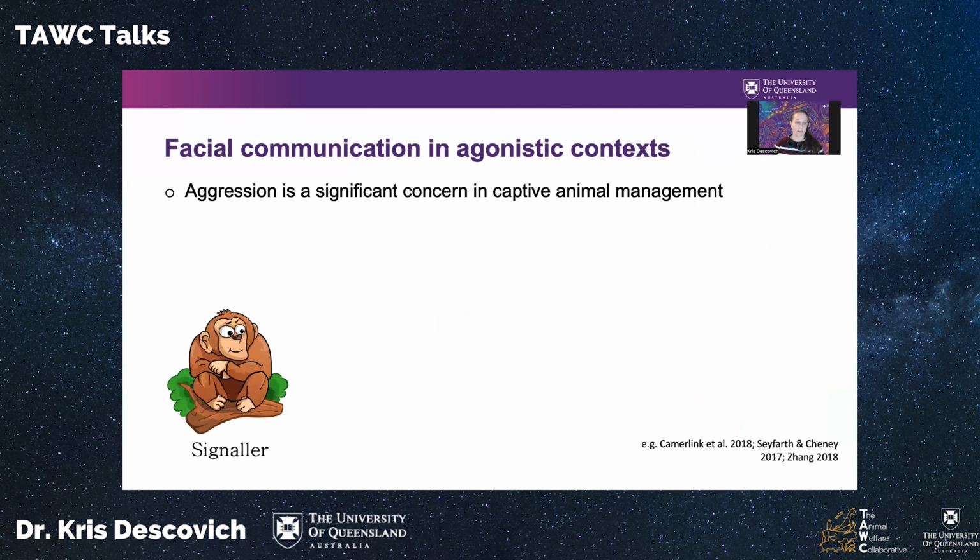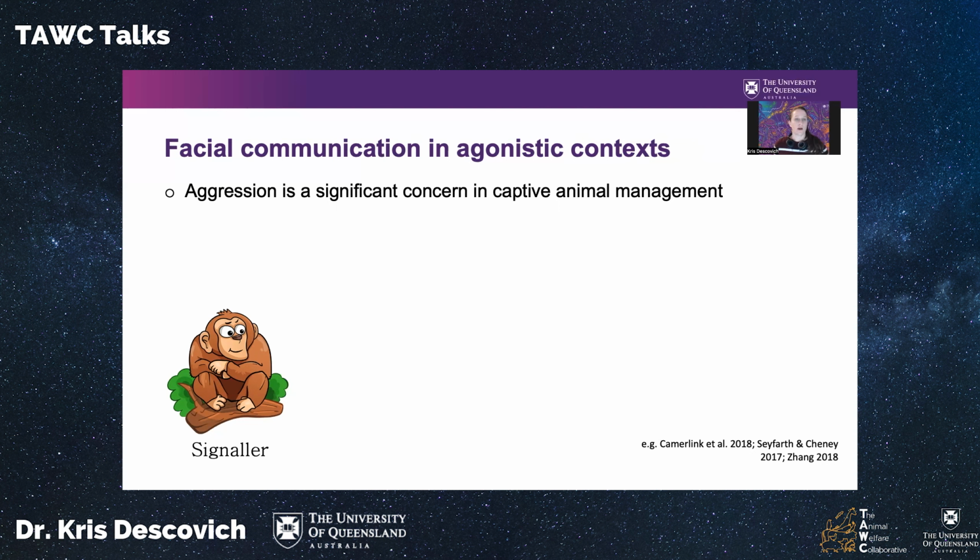They can do a lot of damage to each other. And so if we understand the communication cues of our animals, that can help us potentially mitigate the situation or remove vulnerable animals or apply management strategies in other ways that help us avoid severe aggression.